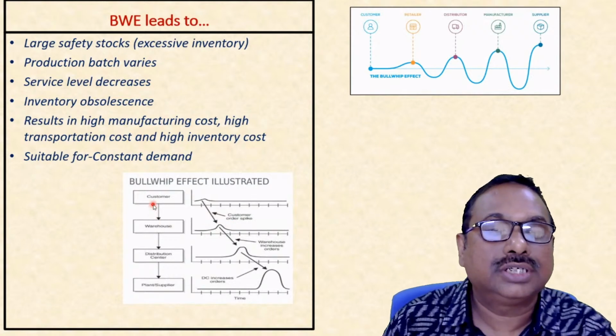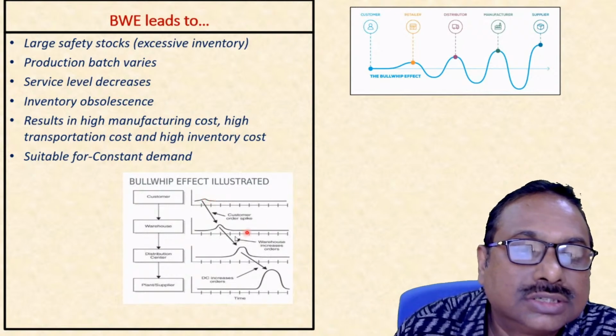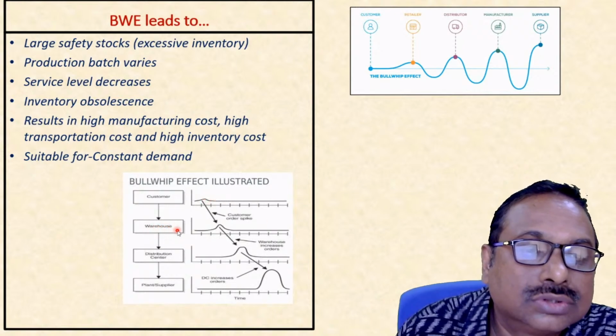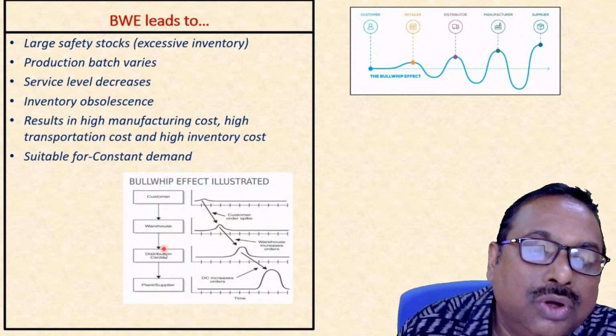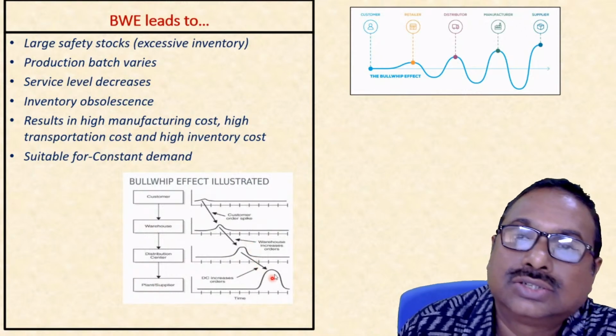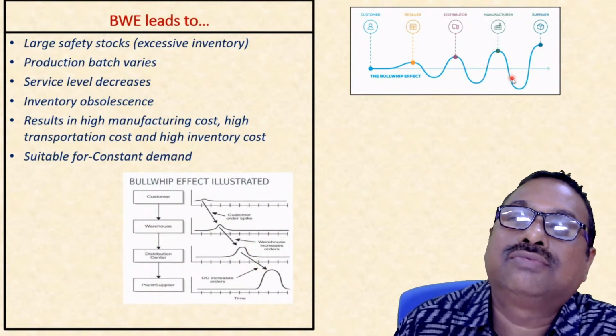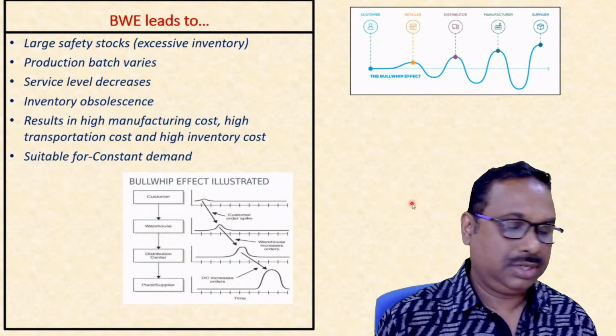So here, if you see customer order fluctuation is this, then the warehouse, manufacturer order fluctuation is more, distributor order fluctuation is more, and supplier it is highest. So this is known as bullwhip effect, and our aim is to reduce this bullwhip effect.